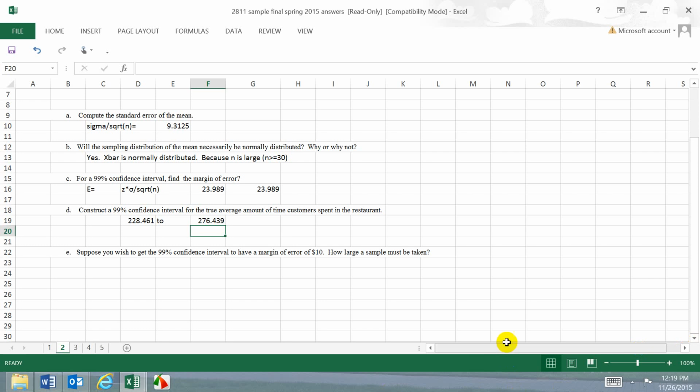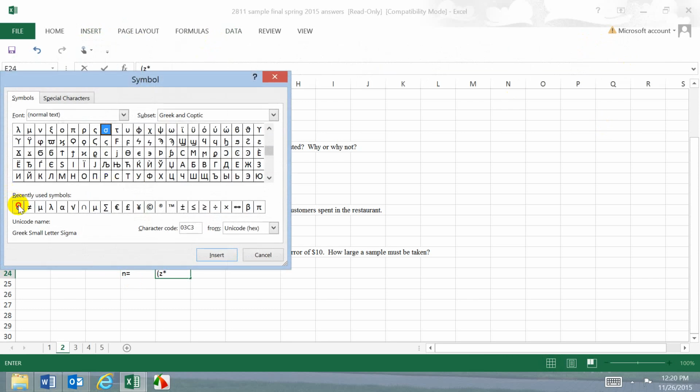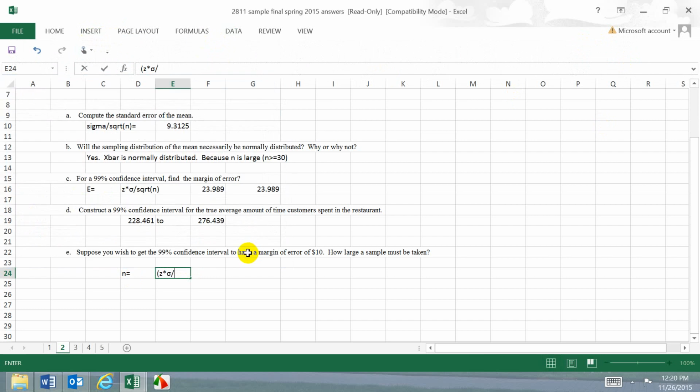We have a formula for sample size, and our formula for sample size is n equals z sigma over e, the whole thing squared. So that will be equal to, what's z?